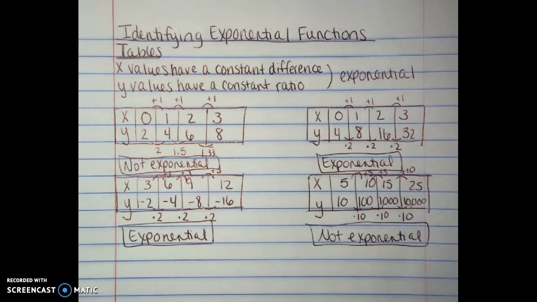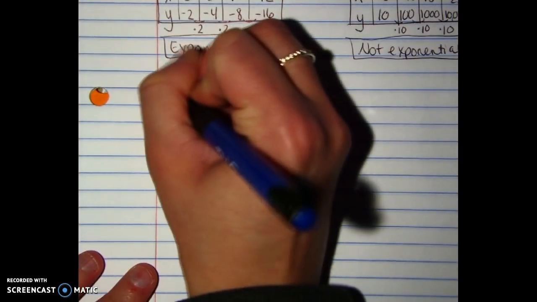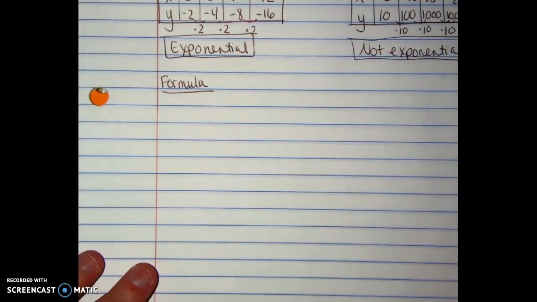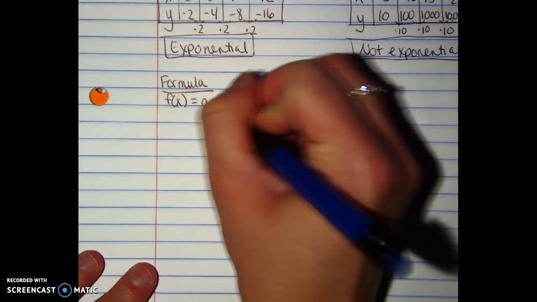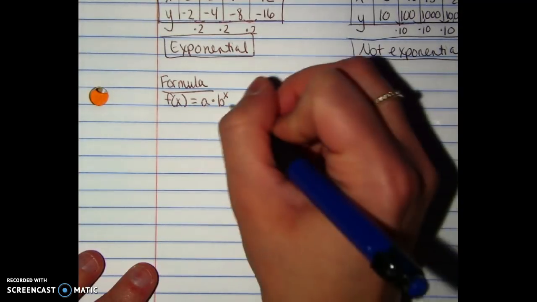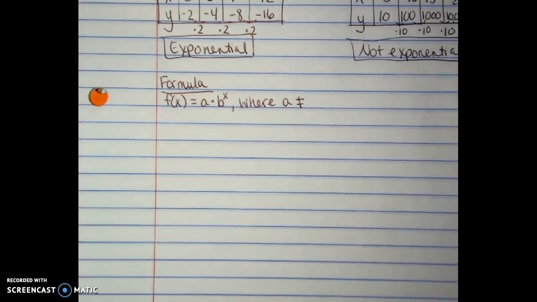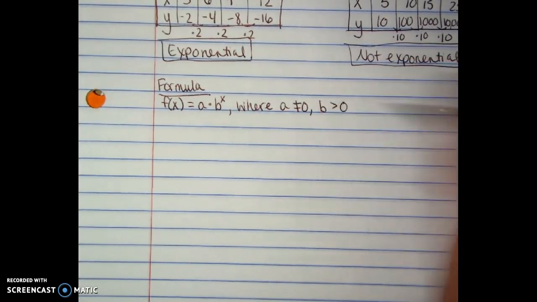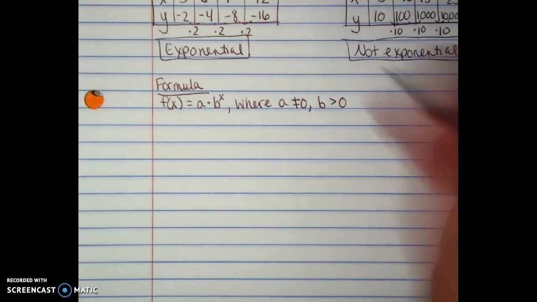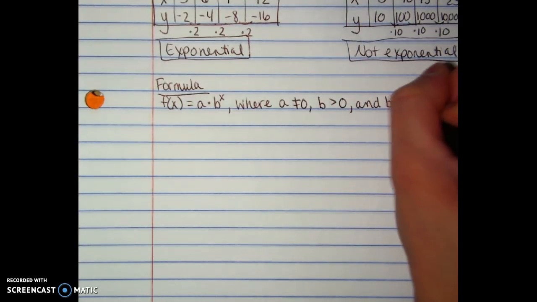Okay, now let's look at the form of exponential equations. So here's the formula. It is f of x equals a times b to the x, where a does not equal 0, b is greater than 0, meaning it can't be a negative number, or 0, and b cannot equal 1.